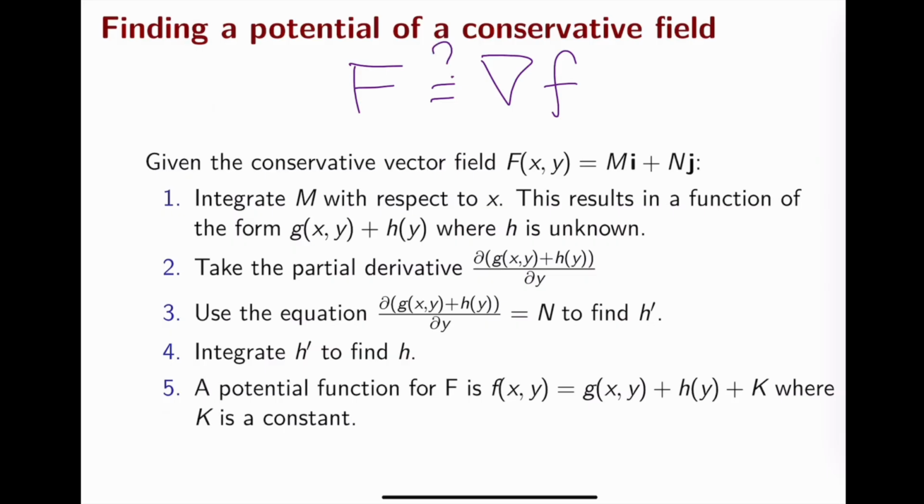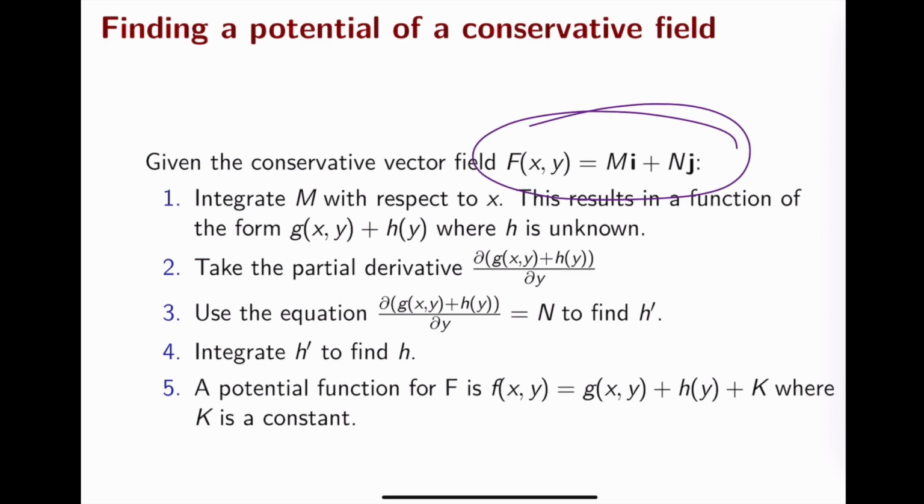If we know that this vector field is conservative, the way to calculate the potential function, I mean, the function that this is the gradient of, is given by this method that is based on the fact that the cross derivatives of the vector field, if it is conservative, have to coincide. So using that, we integrate the first component of the vector field with respect to x.